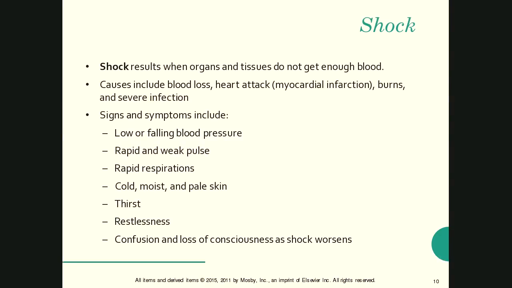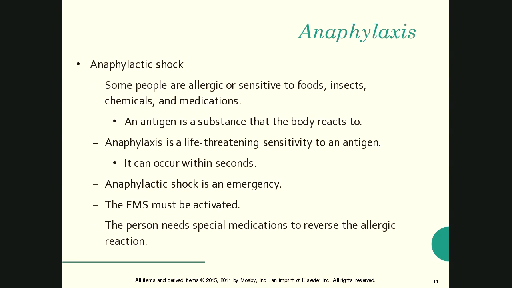Now, there's a special kind of shock we're going to go over, and it's called anaphylaxis, anaphylactic shock. And this is when people are highly allergic or sensitive to either some form of food like a peanut, insects like bees or wasps, ants, chemicals and medications. And what happens here is the antigen is a substance that the body reacts to.